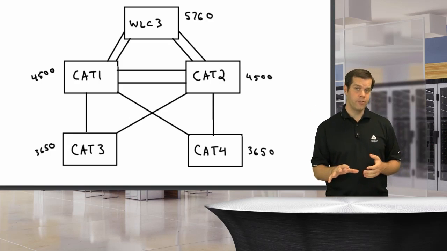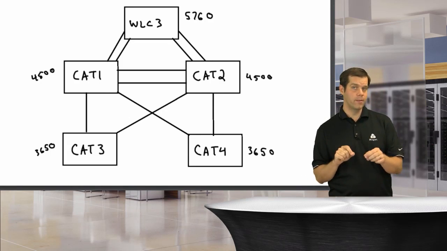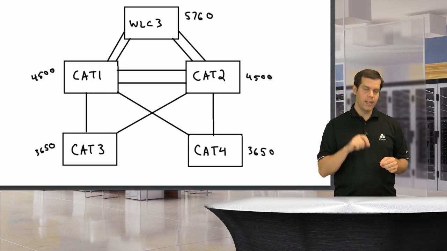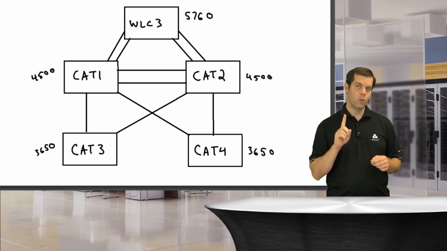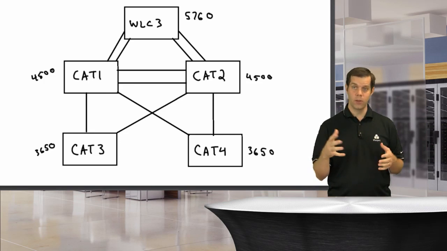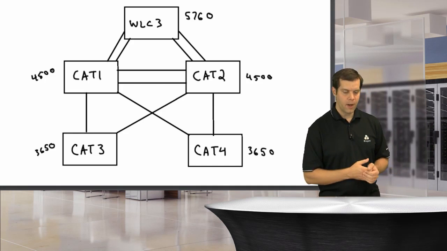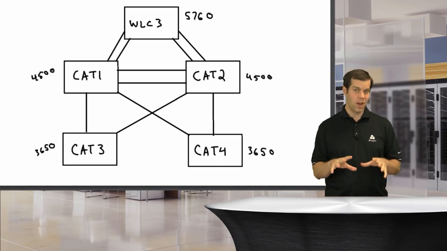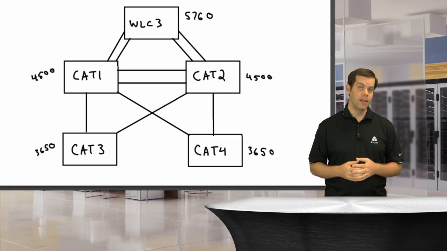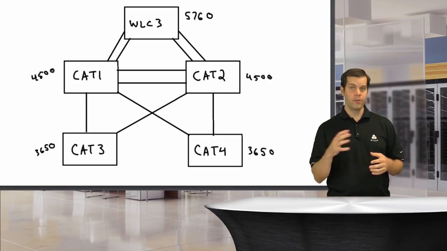So it's spanning tree's job to dynamically block certain ports so that between any 2 points in the network, there is one and only one active path. And as long as we have that, we have what's referred to as a loop-free topology. So that's spanning tree's main job: create a loop-free layer 2 topology, as well as dynamically react to changes in the network.